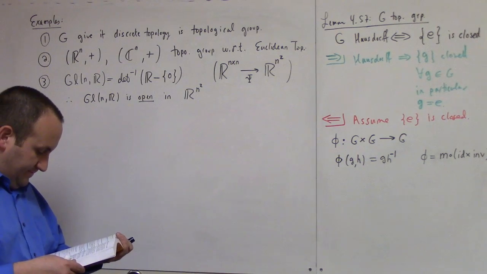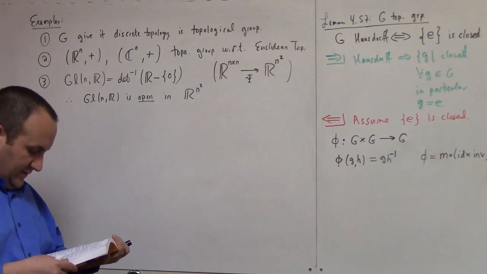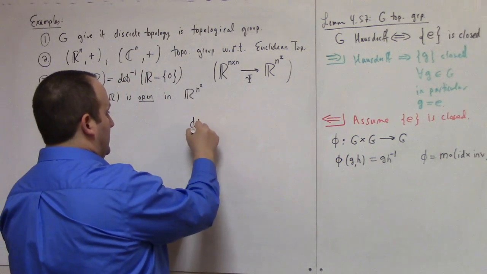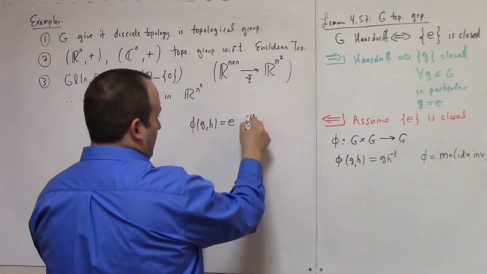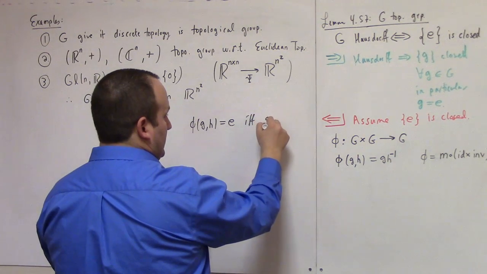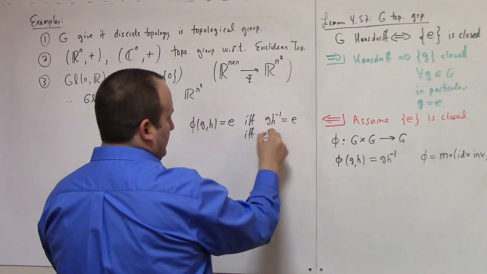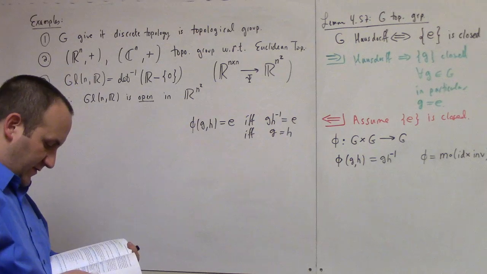Where was I? Phi of GH equals E if and only if G equals H. So phi of GH equals E if and only if what? H inverse equals E, which is only true if G is equal to H, fine. Those are reversible statements, of course.